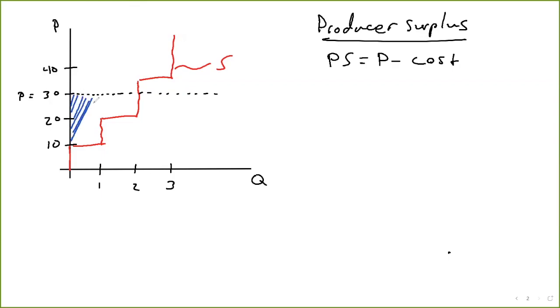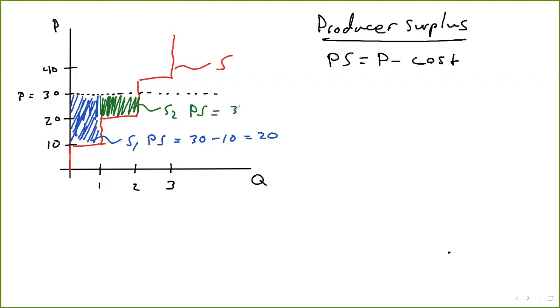So this is seller 1's producer surplus, and this is seller 2's producer surplus. And we can calculate this just by subtracting cost from price. So for seller 1, it's 30 minus 10, or 20. And for seller 2, it's 30 minus 20. So total producer surplus in this case is 30.